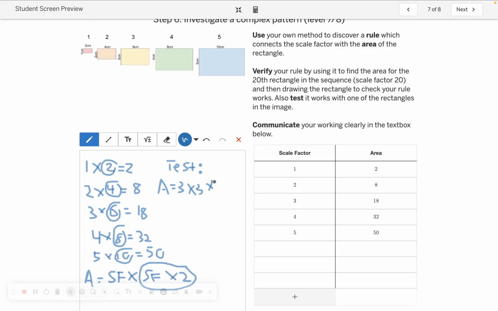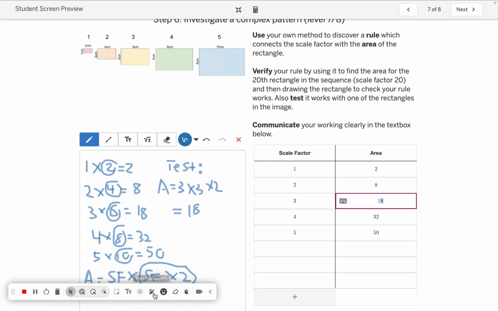When you multiply all these numbers, it should give me 18. And this number should also match with this number here. And that means that the testing has been done correctly. There isn't really a need for you to draw the diagram because the diagram has already been drawn for you.